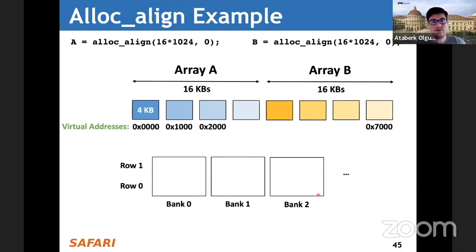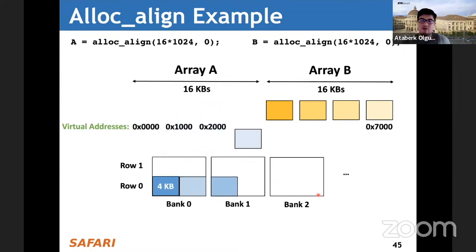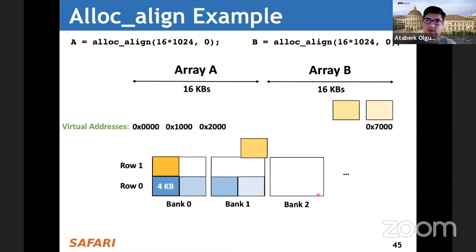What malloc will do is scatter contiguous virtual pages into multiple banks to enhance bank level parallelism, and also make sure that the 2 arrays can be copied to each other using row clone operations. To do so, it overlaps the virtual pages of the 2 arrays that are at the same offset in the same DRAM bank.